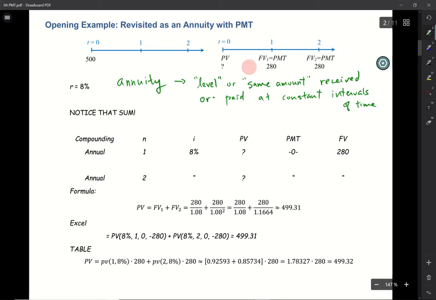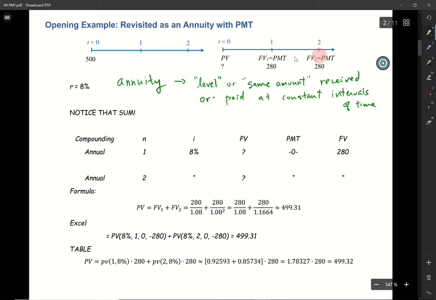Okay, it's a level or even or same amount at constant intervals of time. So here's an interval of time which is 1 year, and then there's this value, and then after the same amount of time forward, there's this level, even or same amount received, and then it's done.